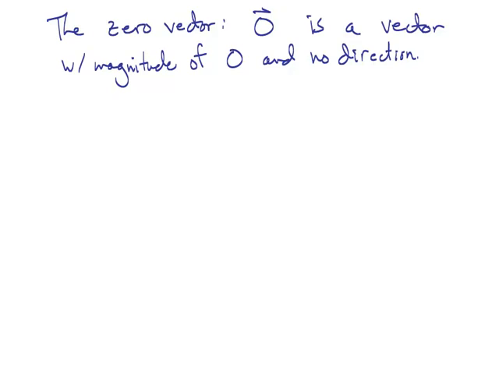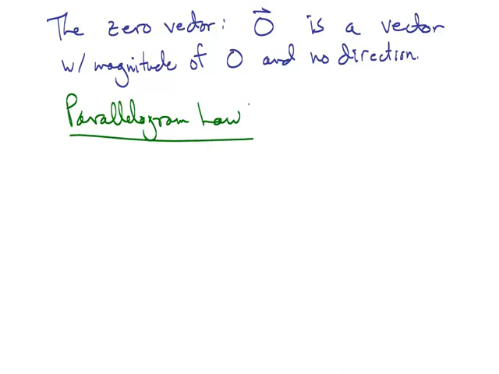And while I'm thinking about it, let me go ahead and state the parallelogram law that I've sort of illustrated with u and v before. If I take u plus v, for example, or v plus u, I get a parallelogram here.